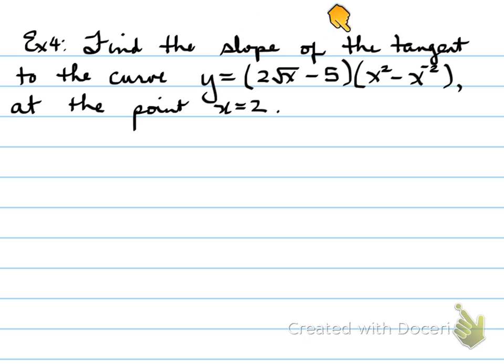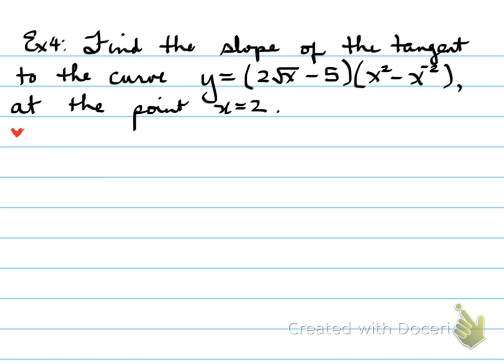What does that mean? Well, slope of the tangent means we need to find the derivative of this function, and that will give us the general formula for the derivative. And then once we find the general formula for the derivative, we find the specific derivative, specific slope at this particular point.